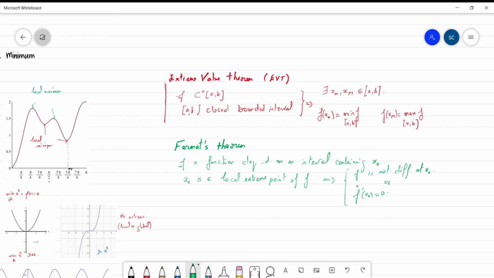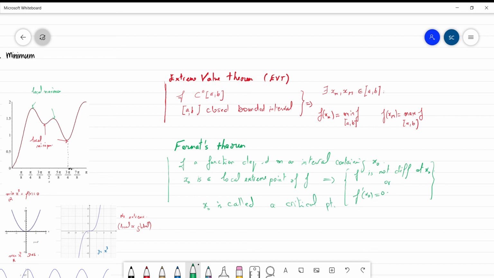And the theorem is also expressed differently. We say if x0 is a local extreme point of f, then x0 is a critical point. So when either one of those conditions is satisfied, x0 is called a critical point.